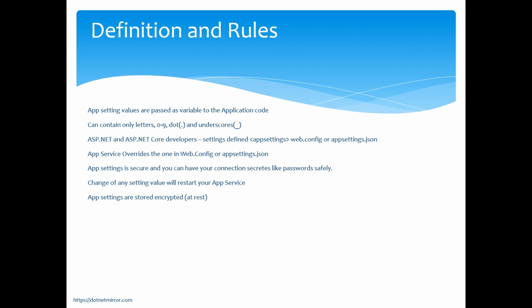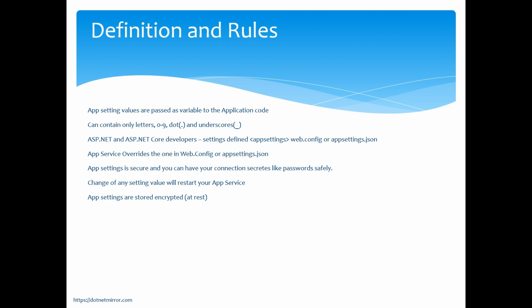And if you are an ASP.NET or ASP.NET Core developer, any settings which you have locally in web.config or appsettings.json will go to app settings in App Service. Whatever values you put locally in web.config or appsettings, when you override the same values in Azure App Service, Azure App Service always takes precedence over your local web.config or appsettings in the code.